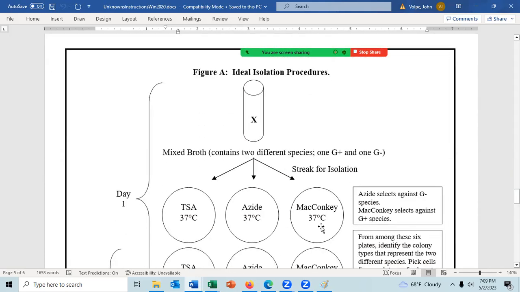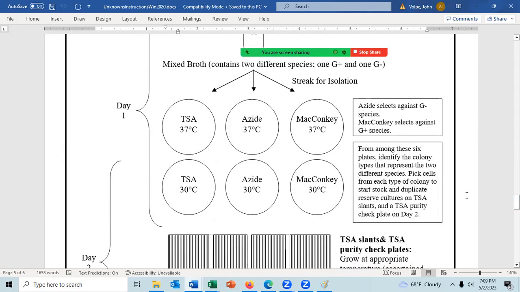All right, you don't need to work through this procedure. This is something we used in the lab when we gave you a mixed culture that had 2 species in it. So then we grow it on TSA for all the species to grow, azide for the gram positives to grow, and then MacConkey's for the gram negatives to grow.